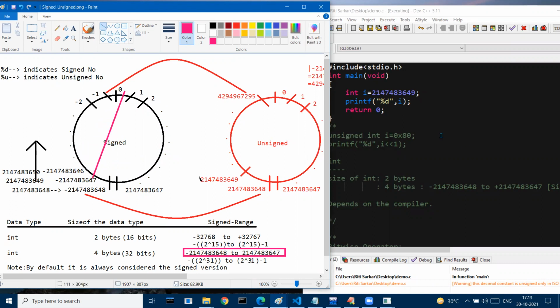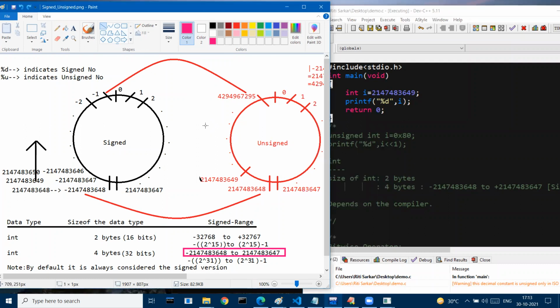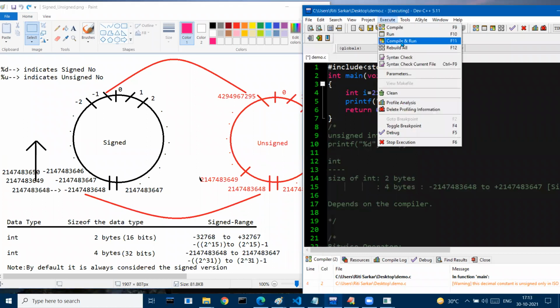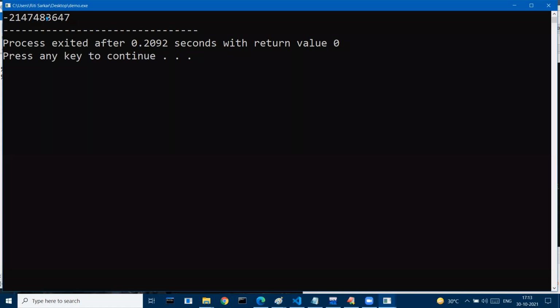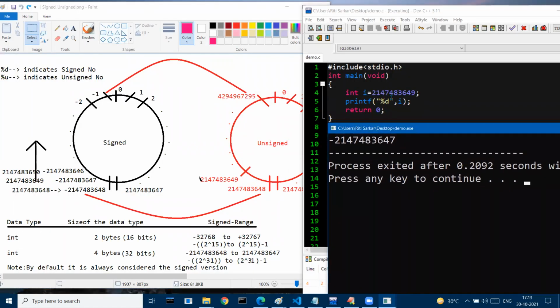Really, sir, check it out. One minute, guys. See this. Execute, compile and run. Negative 47, na, guys. Sir, if I make it 50, then minus 46 will come, na?